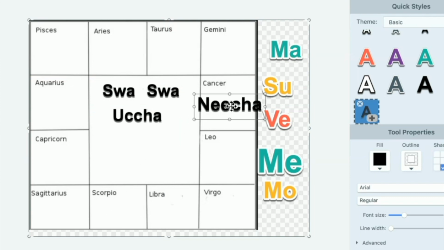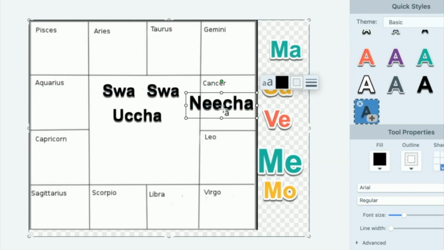What about Cancer? Why is it Nicha in Cancer? Because Mars does not relate to detachment. The fourth place is related to domestic happiness, so Mars destroys the fourth house and the domestic happiness.